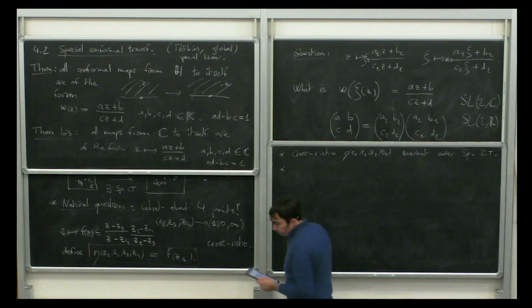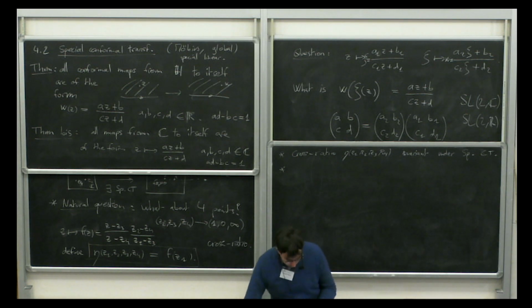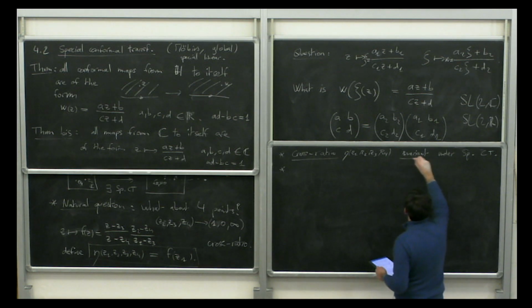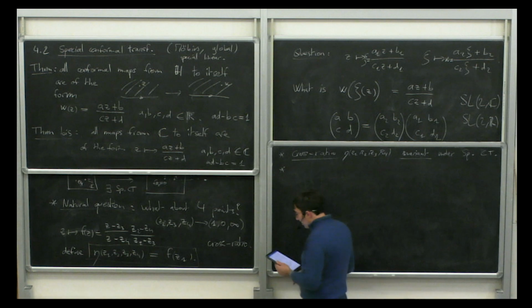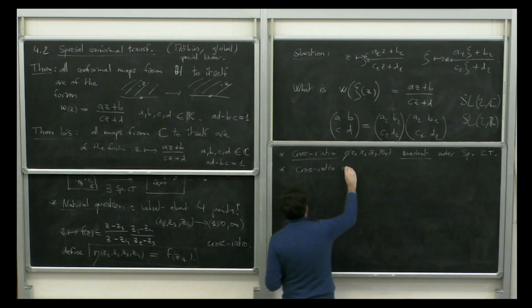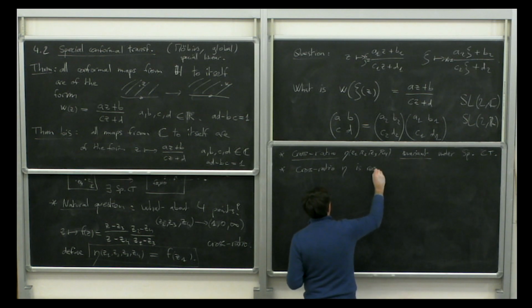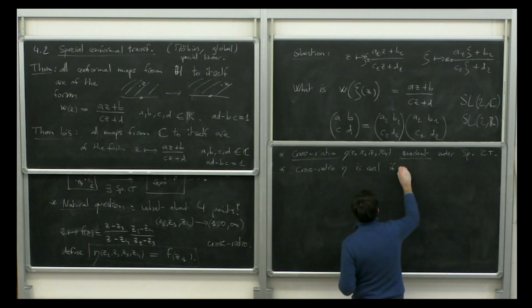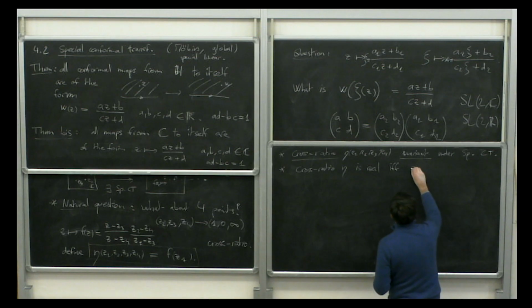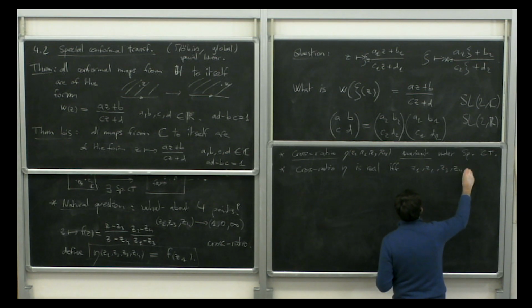There's another important fact that we are not going to use much, but that is useful to know. Another important fact is that the cross ratio eta is real if and only if the 4 points satisfy some property.